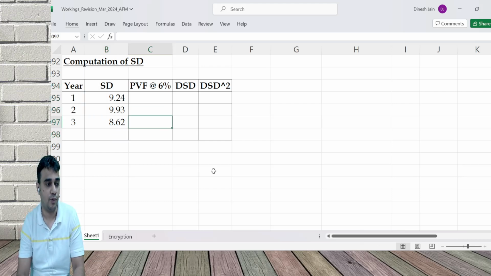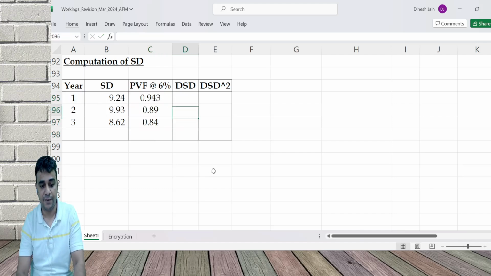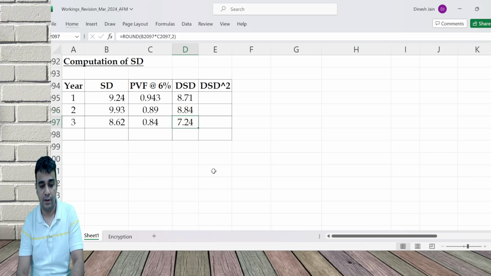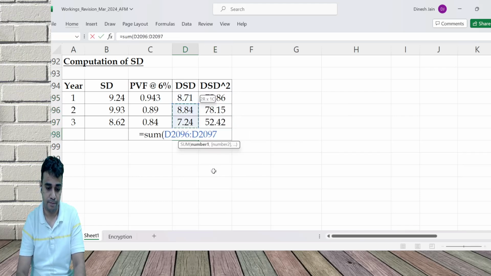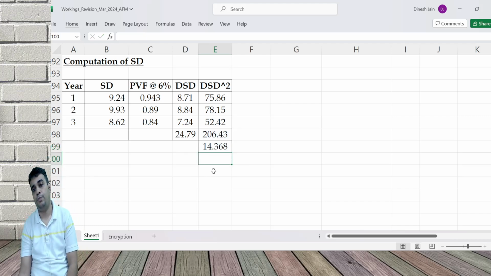So do PVF at 6%, DSD square. Then the total, and put a total and a square root. Complete this, I'll wait.